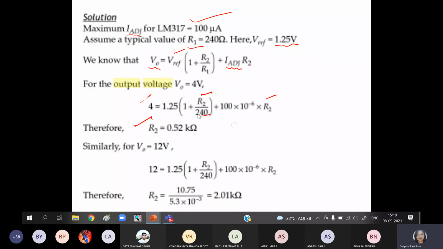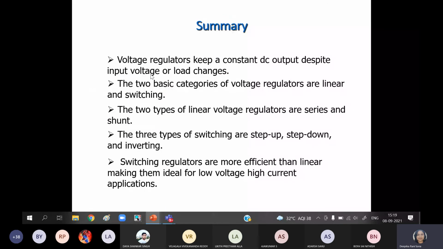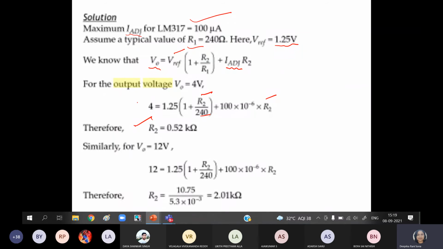This is case 1. And V0 for 12 volt is case 2. In both cases you have to solve using the same formula. That's all. In the first case you got R2 as 0.52 kilo ohm, and in the second case you got 2.01 kilo ohm.